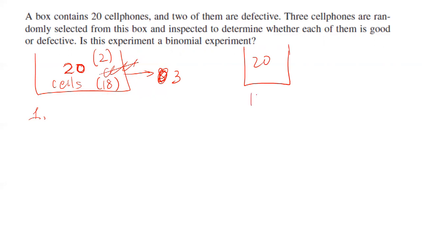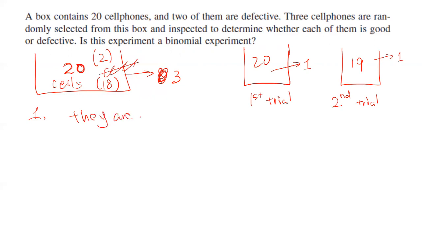This is your first trial. When you choose the second phone, this is your second trial. There are only 19 left there, right? The conditions are not the same, so the trials are not identical.